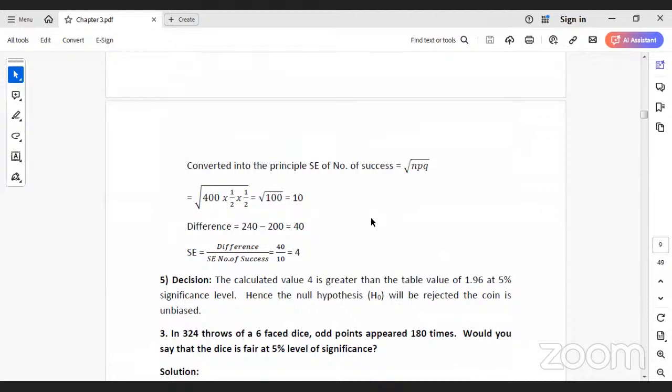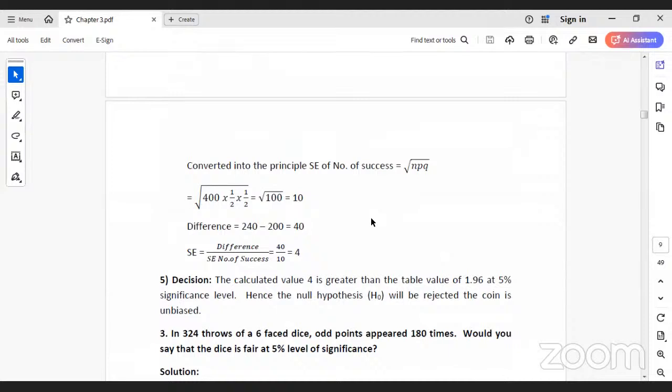That is 400 into 1 by 2 into 1 by 2, which is equal to under root 100. Then you will get 10. So difference is equal to 240 minus 200, which is 40. So the test statistic is difference divided by standard error of number of success, 40 by 10, which is equal to 4. So 4 is the calculated value.